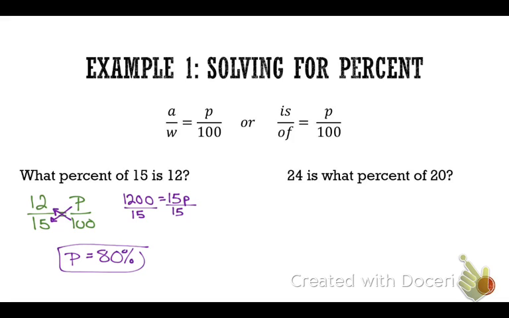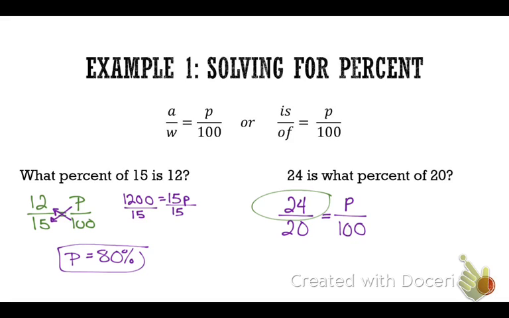Okay, on the next one, I'm solving for percent again. I don't know what the percent is. I want you to try to plug in the numbers into your formula. Remember, it's is over of equals P over 100. All right, which one's my is value? 24 over 20 equals P over 100. So automatically, when I see that my part is bigger than my whole, that's an indicator to me that this is probably more than 100%.